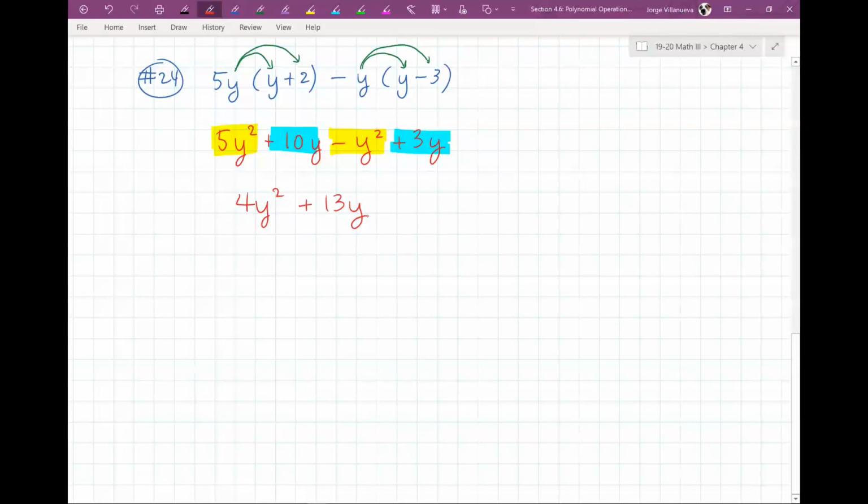And a lot of people like to combine anything that has the same letter, but remember, it has to be the same letter and power attached to that letter. That makes them like terms, not just the fact that they all have y's or x's. So in this case, you just stop here and you're done with that problem.